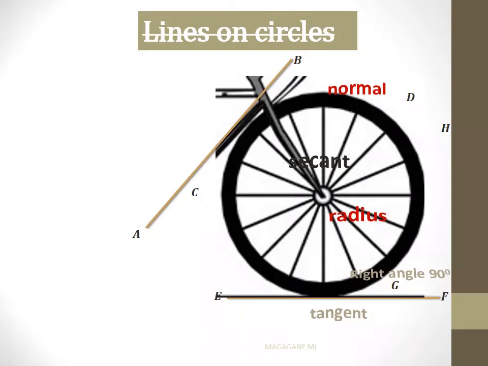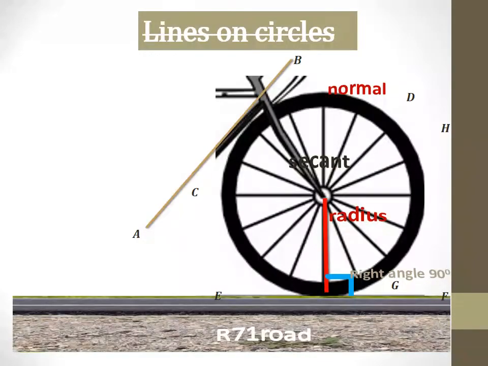At the point where the wheel touches the road, the wheel is tangent to the road. If this is your R71 road and this is the wheel on the road, at this point the wheel is tangent to the road. It touches the road at one point. Therefore, the wheel is tangent to the road.